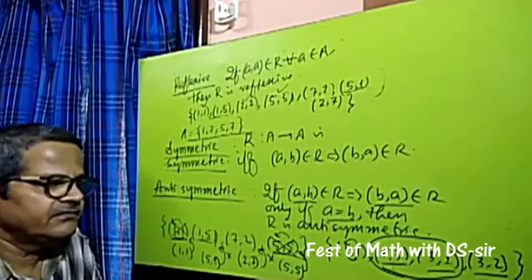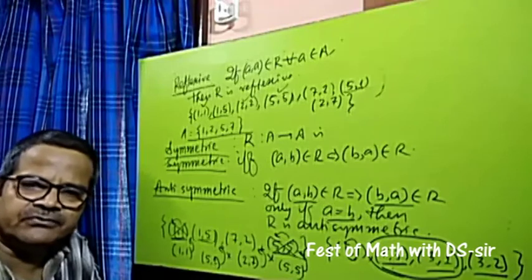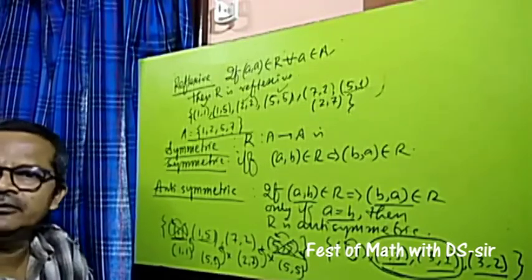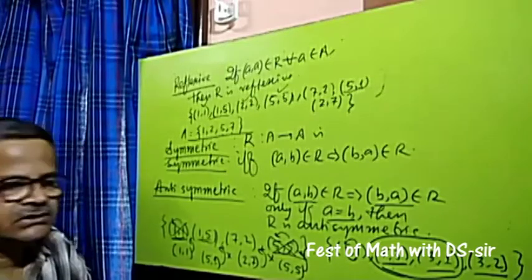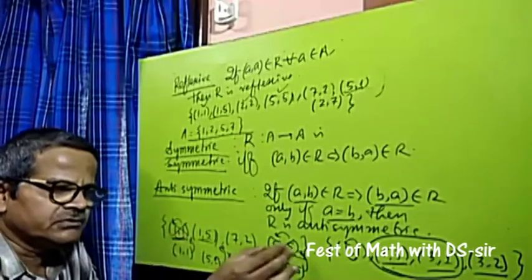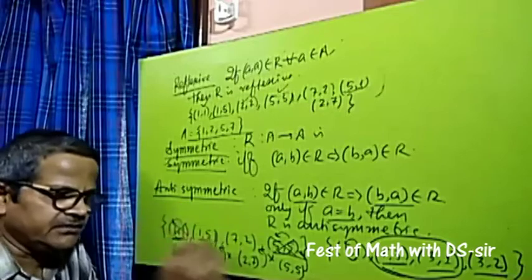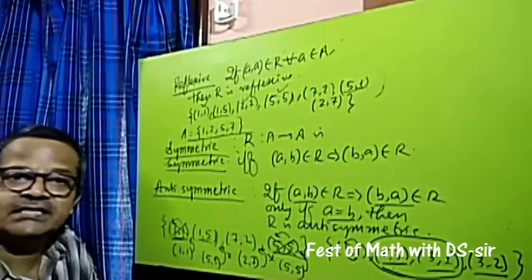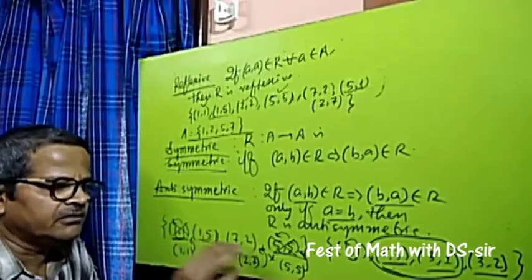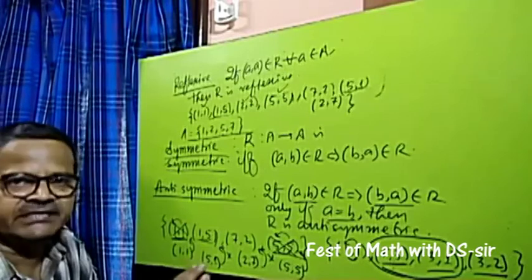May I repeat? First, you have to check whether there is any element of the form (1, 1), (2, 2), (4, 4) or not. If not, no problem. If yes, no problem; you separate those elements and keep them aside. Now you check the remaining elements, whether any one of them has its symmetric couple present or not.